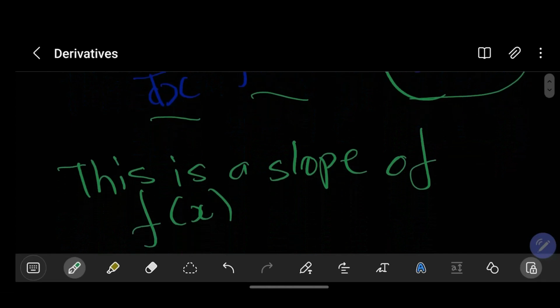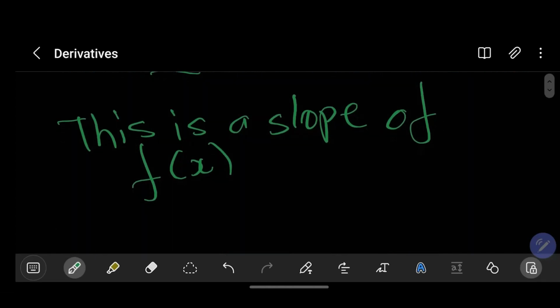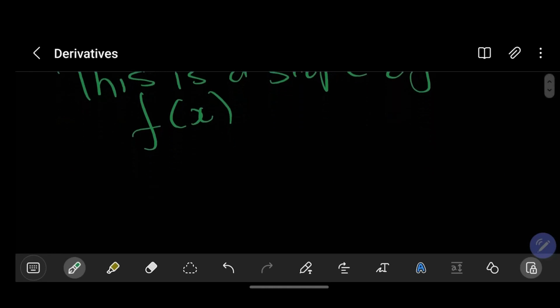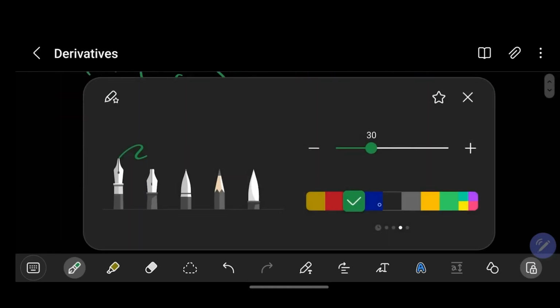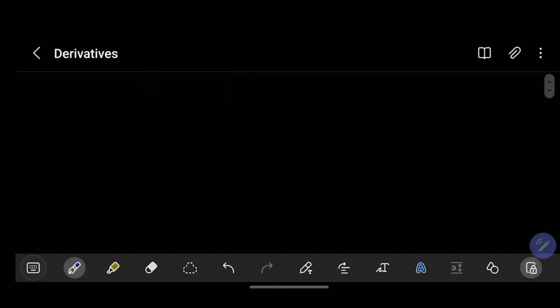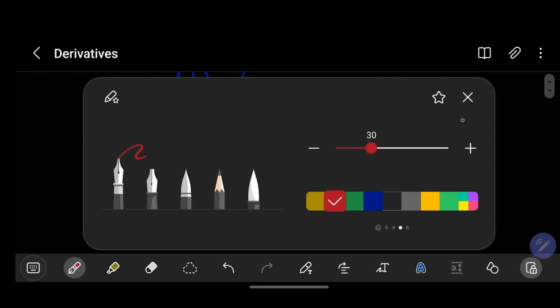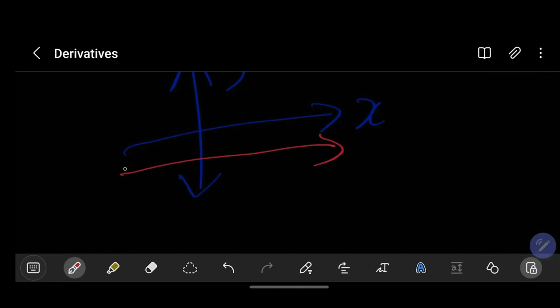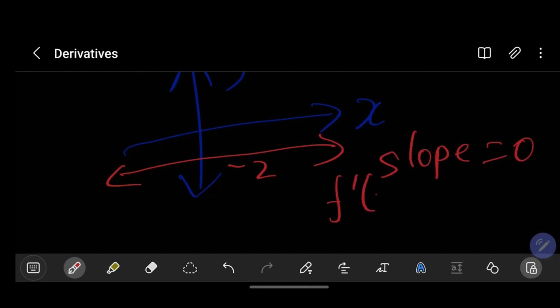We also say that the derivative is the slope of f of x. So if we were to look at the Cartesian plane, with our y and our x-axis, and we have a horizontal line here at -2, the slope here is equal to 0, or we'll say that f prime of x is equal to 0.